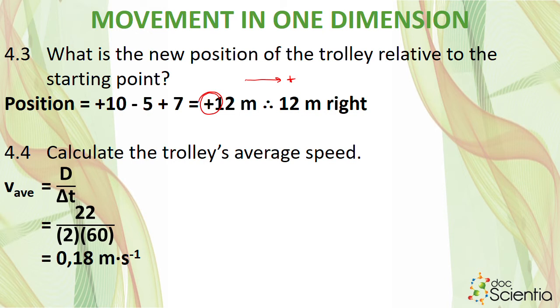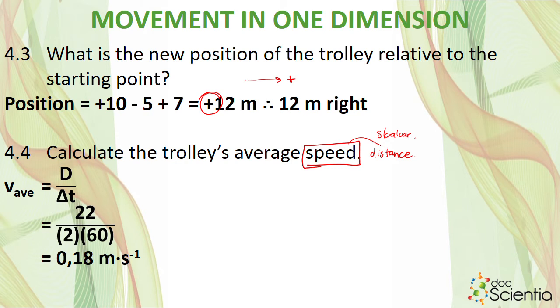Good. Now, very important. Speed relates to distance. Want al twee van hulle is mos skalare. Do you guys agree? So as hulle vir jou vra vir die totale spoed waarmee Busisiwe hierdie trolley gestoot het, dan gaan jy kyk wat is die afstand wat sy gecover het gedeel deur die tyd.